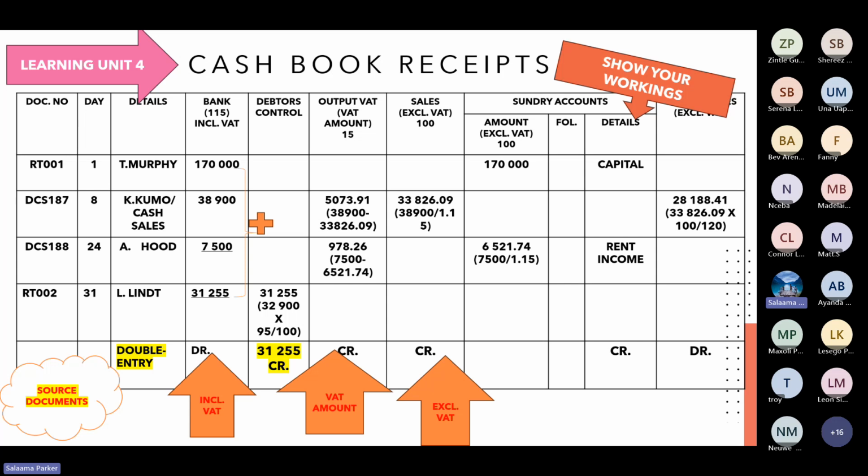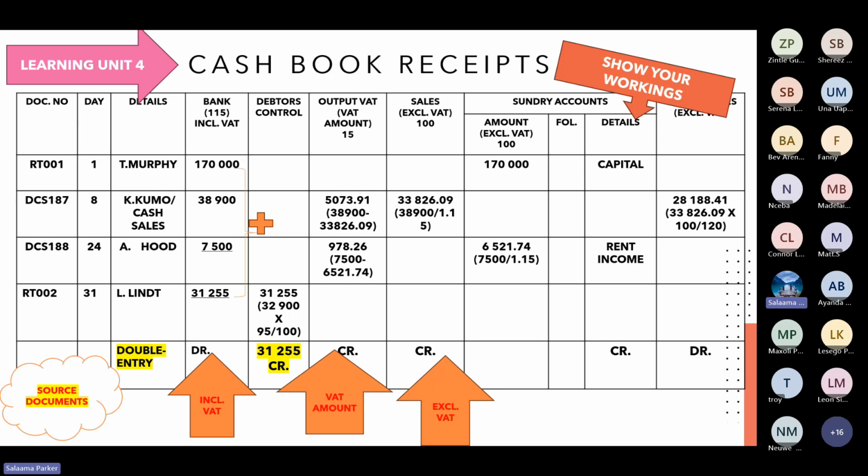Or you can use the formula: what you want divided by what you have, to get to your exclusive VAT amount. So you first start with your exclusive VAT amount, and then to get to your VAT amount, inclusive minus exclusive.